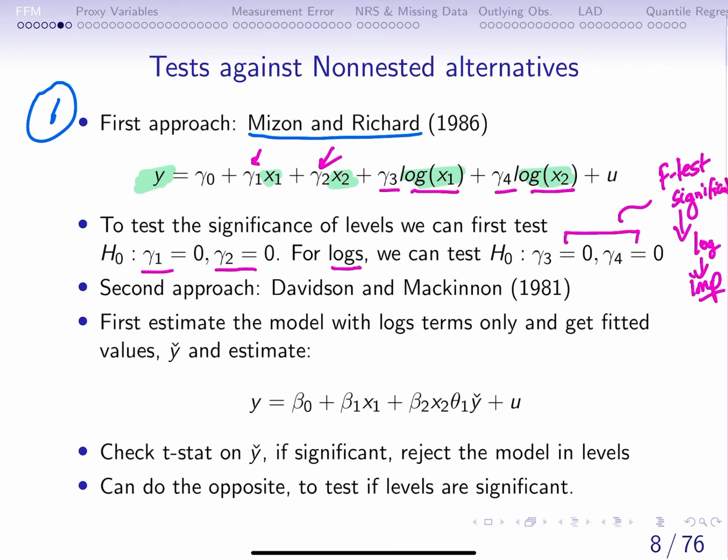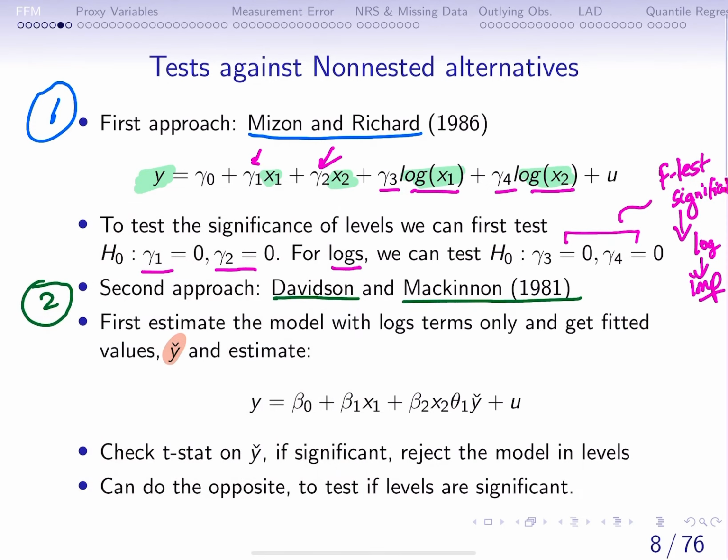The second approach was given by Davidson and MacKinnon in 1981. And they said basically that let's first estimate the model with log terms only and get fitted values, okay, of the y caret.